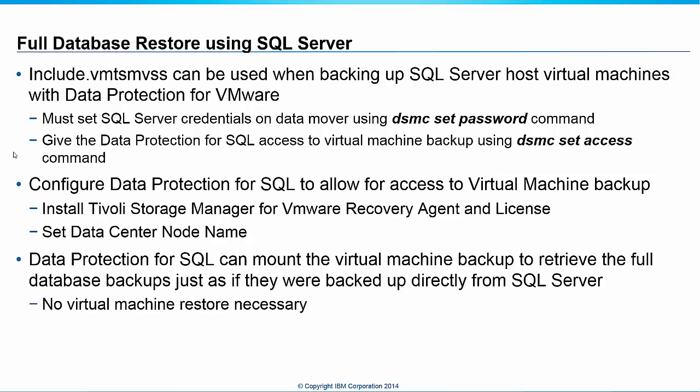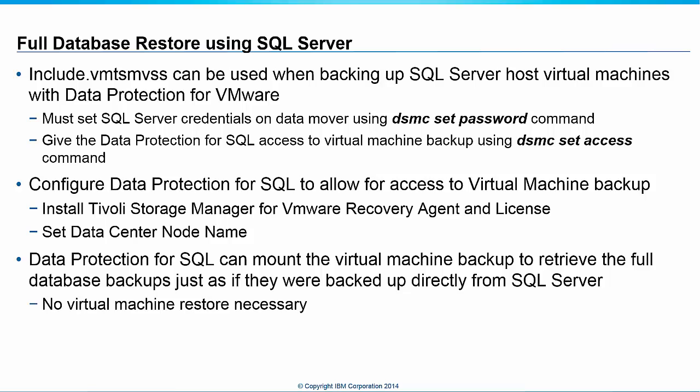Now, when you're ready to do a restore, you need to go to the SQL Server where you're going to access the virtual machine from which you're going to pull the backup. You need to make sure that the Tivoli Storage Manager for VMware recovery agent and license is installed on that virtual machine. And also in the data protection for SQL, you need to set the data center node name that you use to do the backup in TSM for virtual environments.